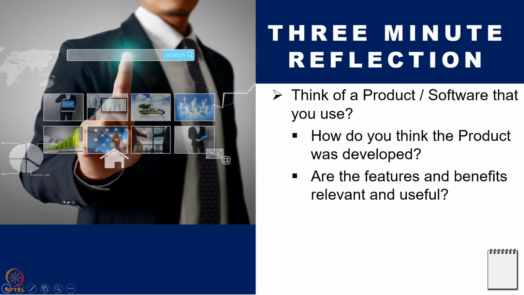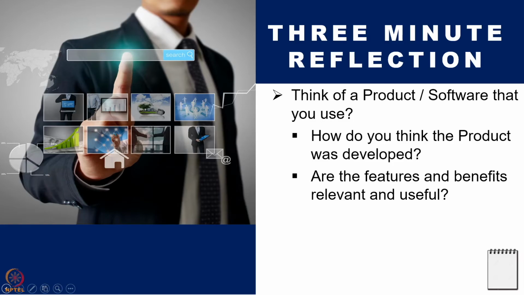So now I'd like you to again reflect for 3 minutes and think about a product or a software that you use. How do you think the product was developed by the founders? Zomato, Ola, Uber, Book My Show, Make My Trip, Netflix, even Google, Facebook, Microsoft.